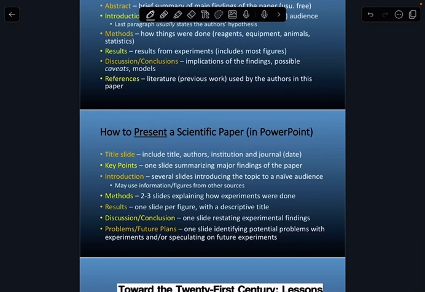The methods: a couple slides explaining how the experiments were done. This is pretty straightforward. The results, I would use one PowerPoint slide per figure with a descriptive title. So not just figure 1, figure 2, table 1. Tell me what it's about.